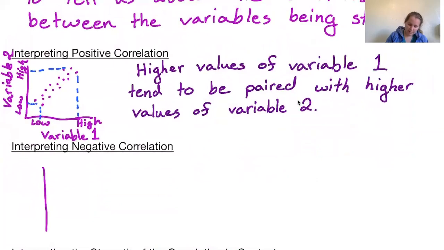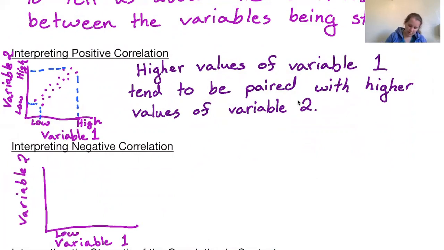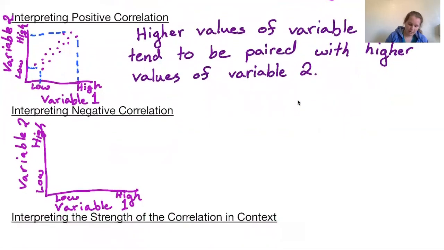So for negative correlation, we have our variable 1 and variable 2. On the number line, we have our low values and high, low, and high. And this time the dots go down.